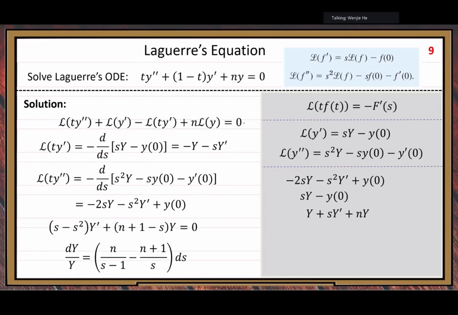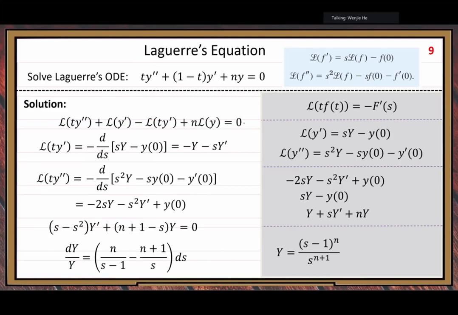The s part, Y part, can be separated easily. So then we take integration, and we can find Y equals this one.